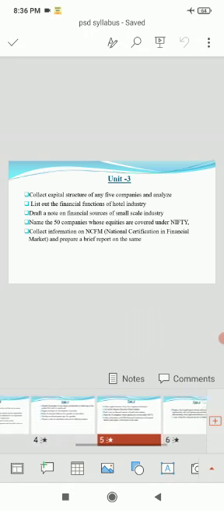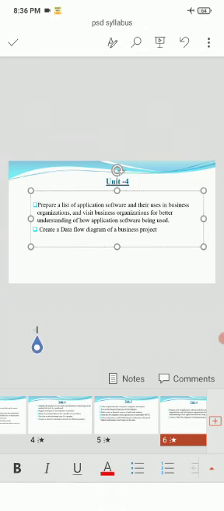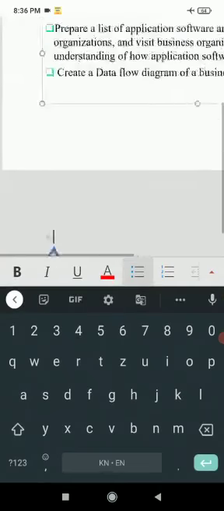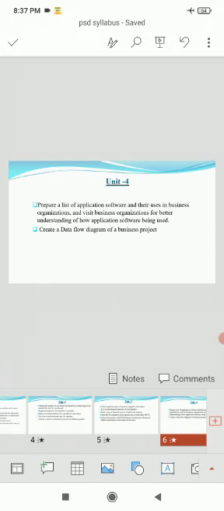And finally we can see the 4th unit. The 4th unit comprises: prepare a list of the applications of software and their uses in business organizations, and also visit business organizations for better understanding of how the application software is being used.